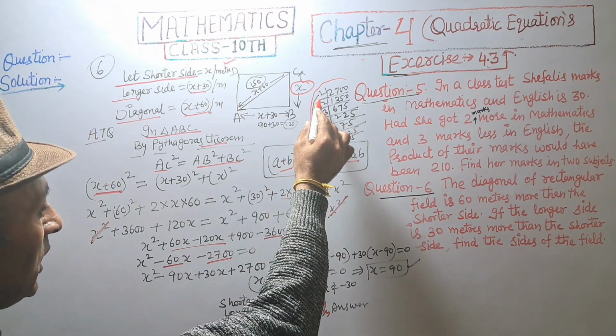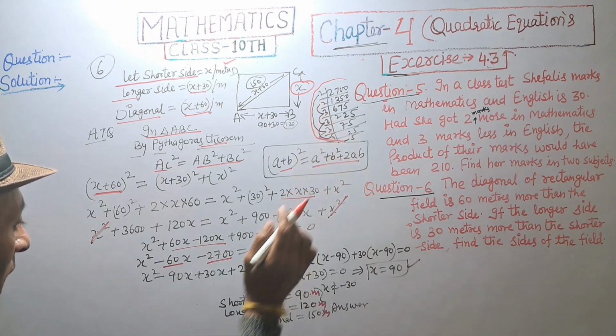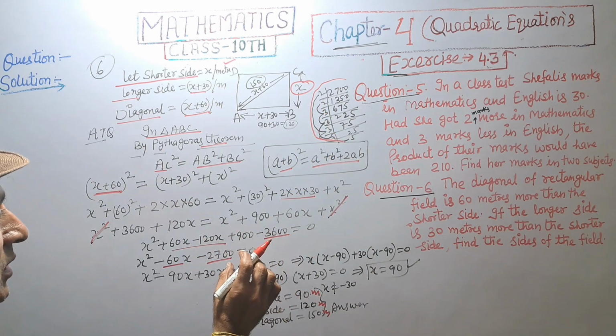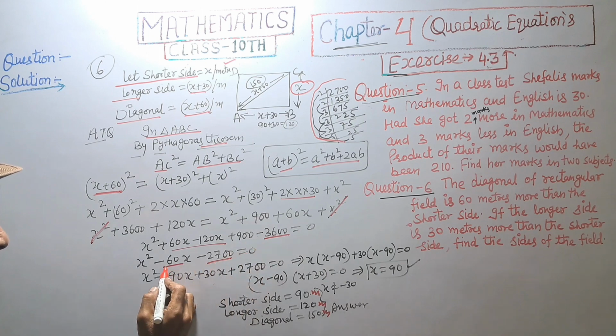So we are splitting 60x as minus 90x plus 30x.